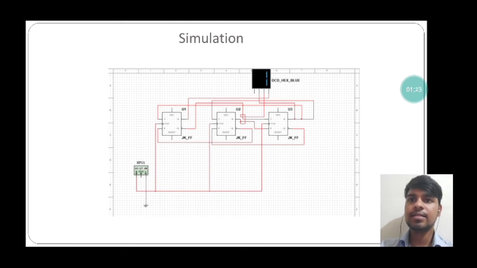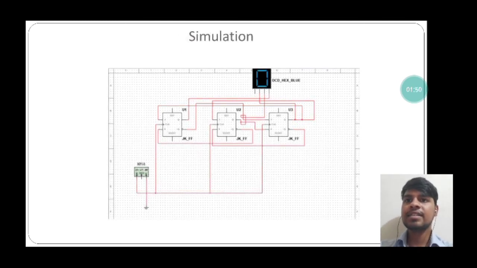After that J2 is connected with J1 and K2 is connected with Q1, and we get output from Q2 and it is connected with DCD hex blue, and after that connection we get the correct result.